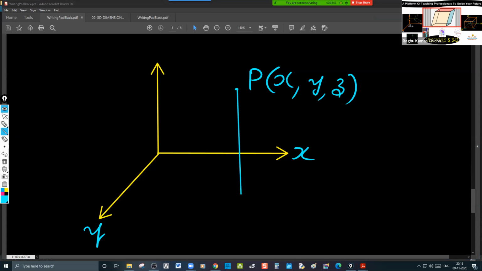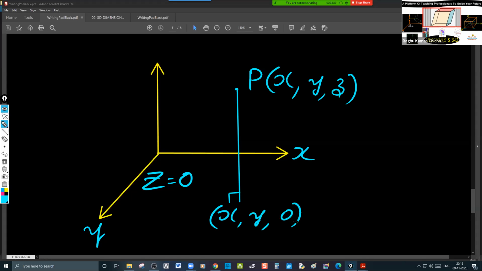This is the perpendicular. Somewhere it meets the XY plane. The equation of the XY plane is z equal to 0, and we will study the equation of the plane later. Hence the same coordinates will be there, except that you will get z as 0 here. Now find out the distance between them. It is nothing but z.